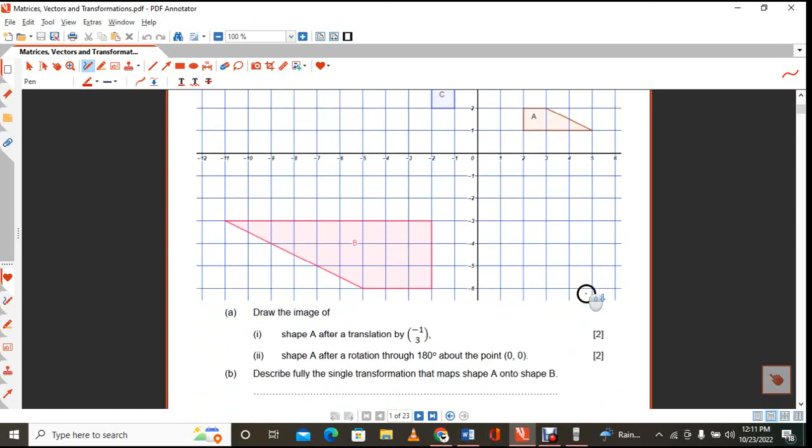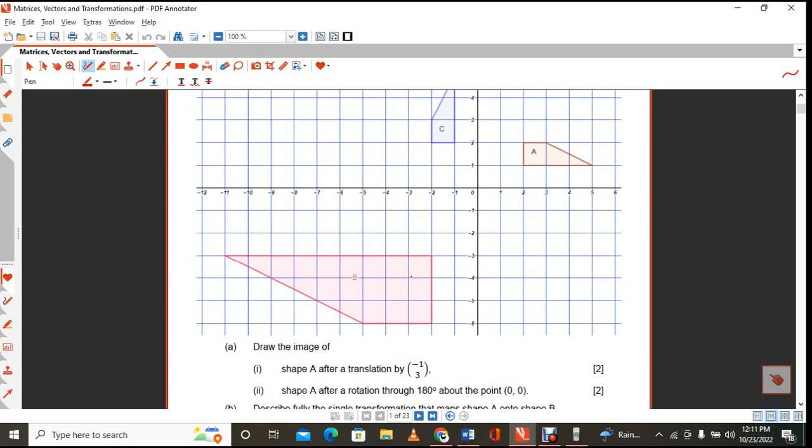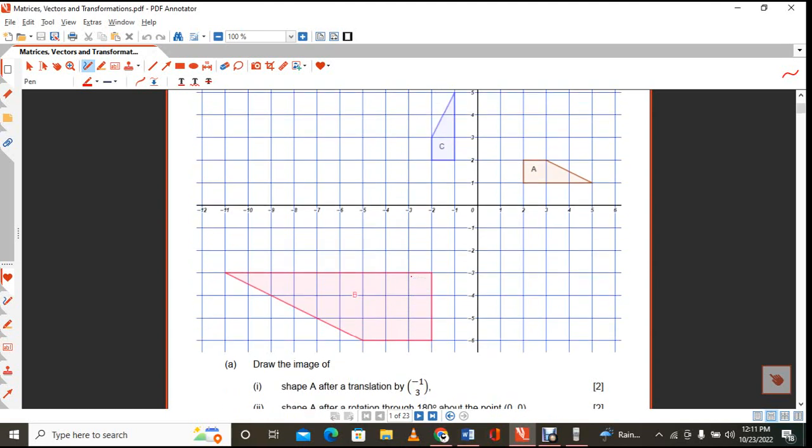So they're saying in the first question, draw the image of shape A after a translation by the vector -1, 3. Now remember, translation simply means moving without rotation or resizing it or turning it. So it just moves. So shape A has to move by a translation of -1.